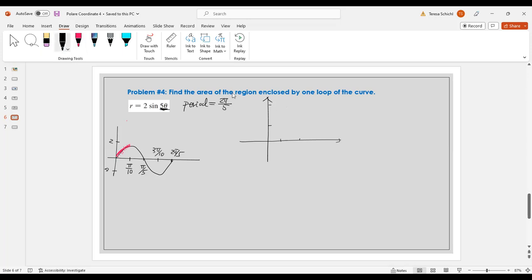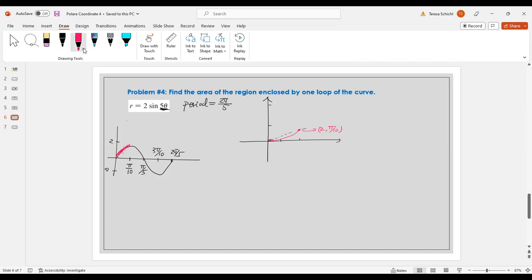Let's do a dotted line here. So it's pi over 2. So this red corresponds to here. So this point is the 2, then pi over what? Pi over 10.